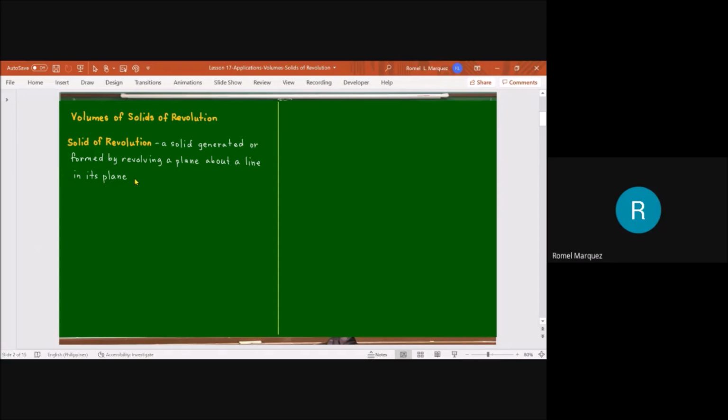And this line is called an axis of revolution. And sometimes, as a special case, axis of rotation.